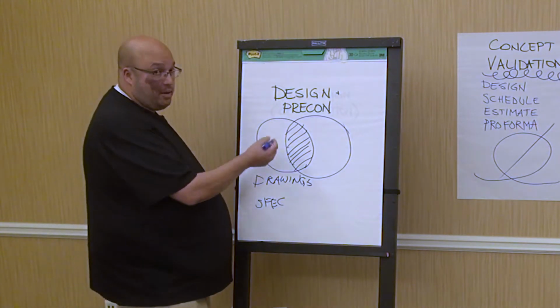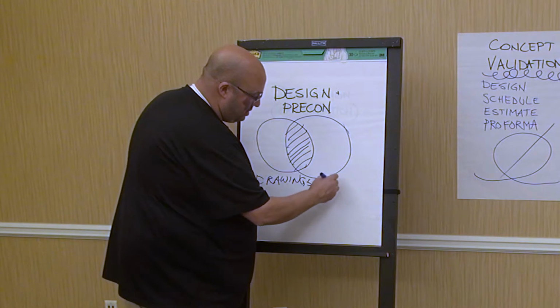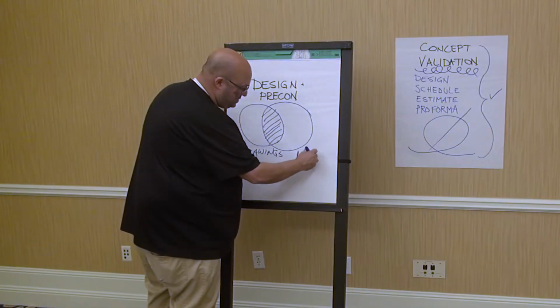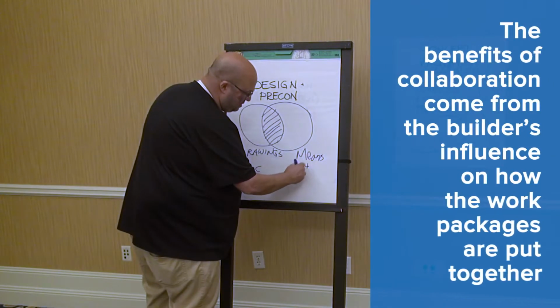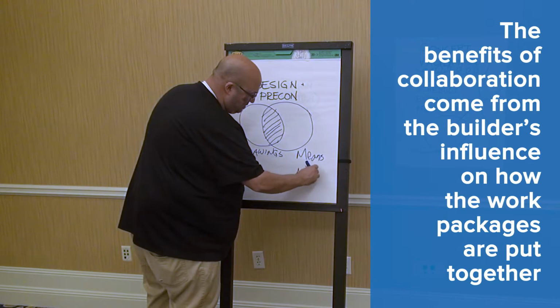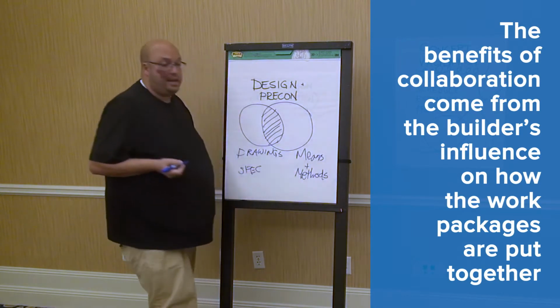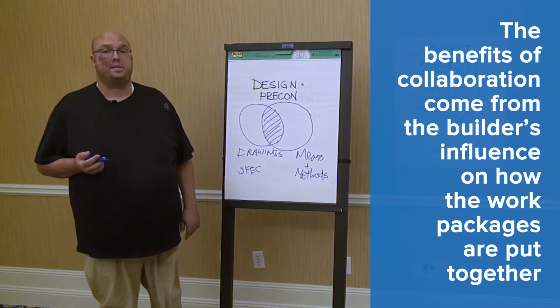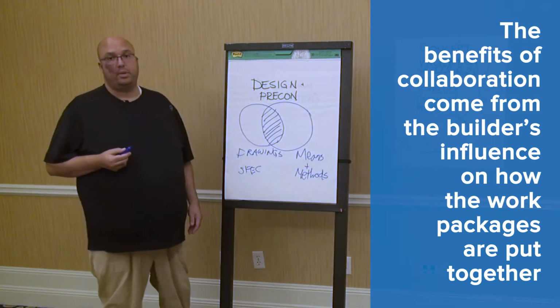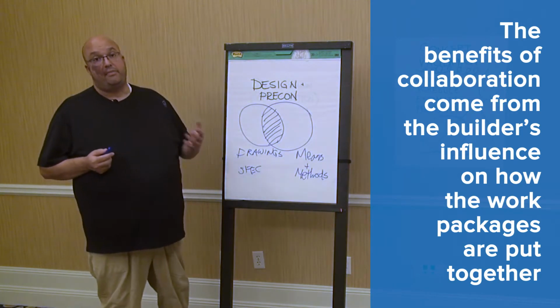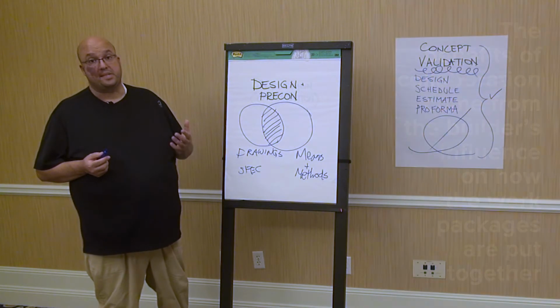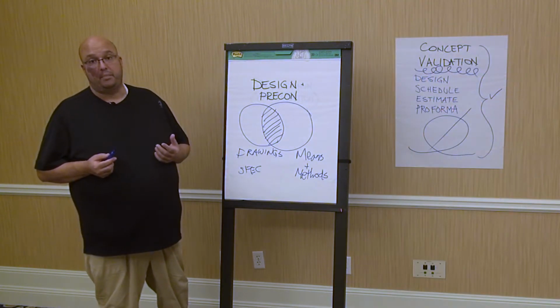What we benefit from in this middle portion is means and methods. Because if we understand how the builder is going to put the work in place, they then have the opportunity to influence the way that assemblies are put together in the drawing package.